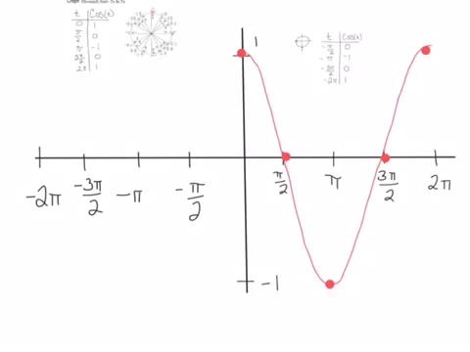And if we follow our chart, the cosine of negative pi over 2 is 0. The cosine of negative pi is negative 1. The cosine of negative 3 pi over 2 is back at 0. And the cosine of negative 2 pi is 1. And we can connect our points with a nice smooth curve.